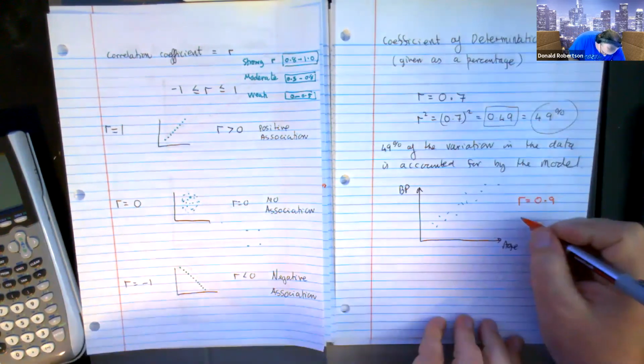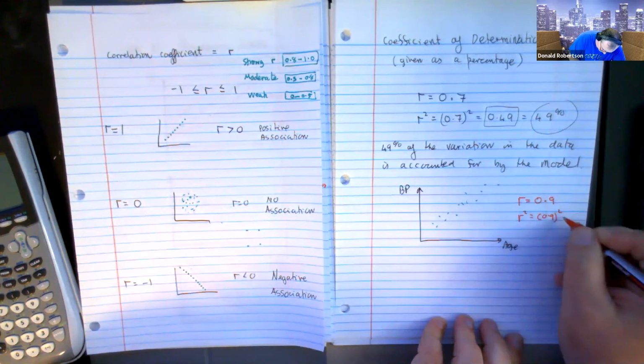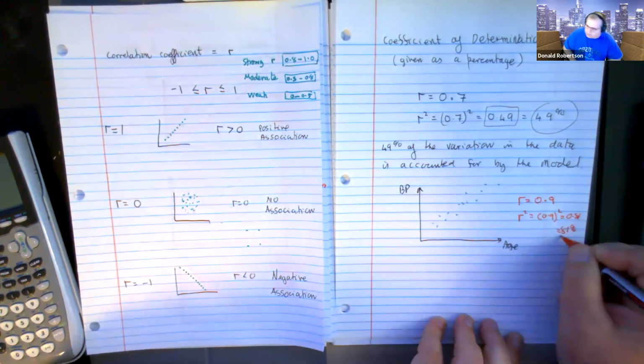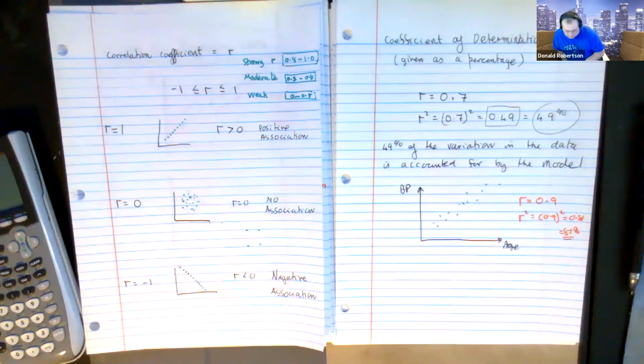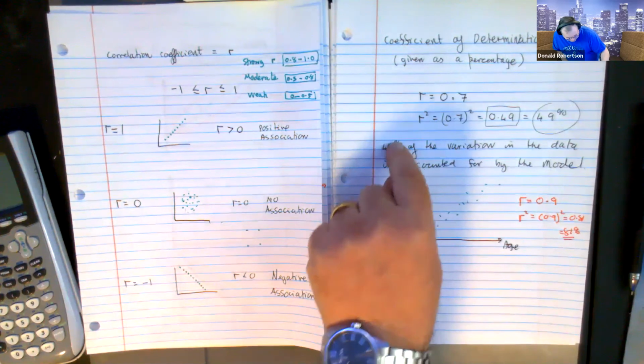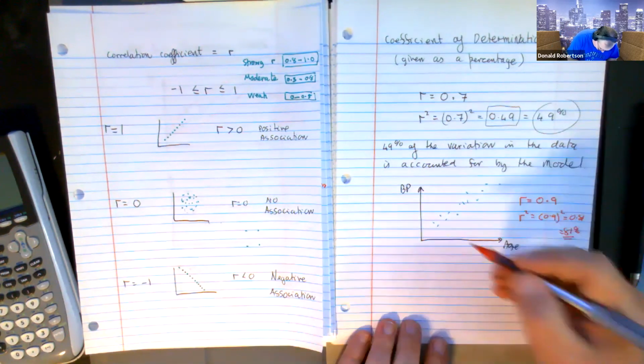Then would you agree that R² would be 81%? Now, what does that tell us? Well, this sentence would be: 81% of the variation in the data is accounted for by the straight line model.